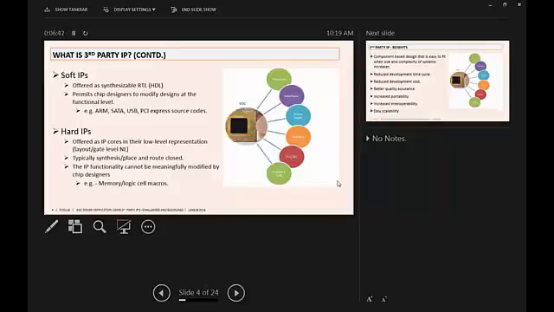Typically these are available as a single file, already through synthesis, place and route. Unless the IP functionality is changed at that level before compilation, the chip maker won't be able to make any modifications because it's already placed.